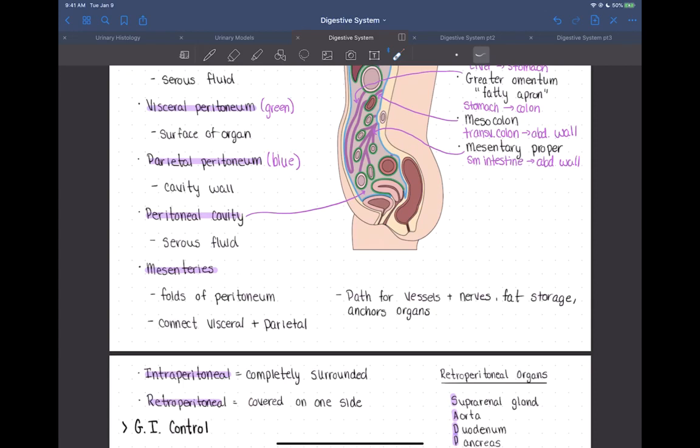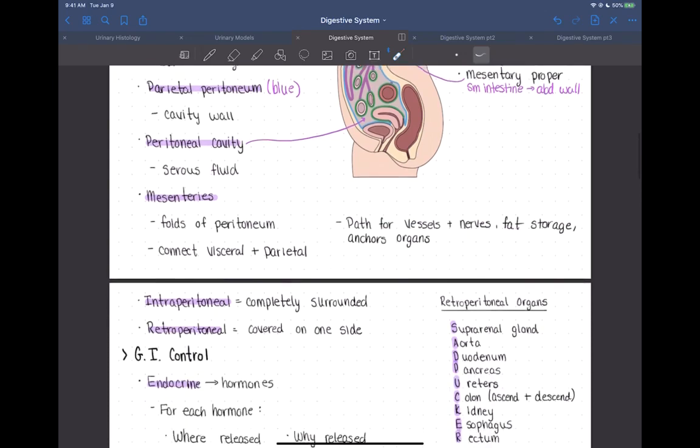However, you can have organs that are retroperitoneal, meaning they only have peritoneum on one side. You can see here there's a segment of the small intestine called the duodenum that is only covered on this side by the peritoneum. So it's retroperitoneal. It's behind the peritoneum.